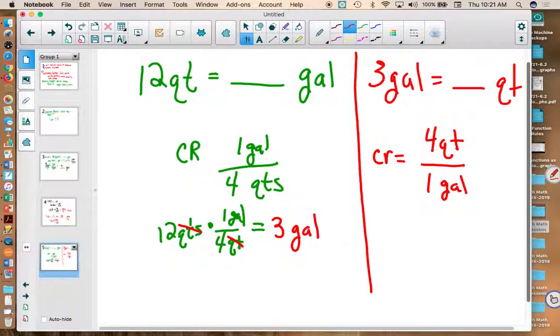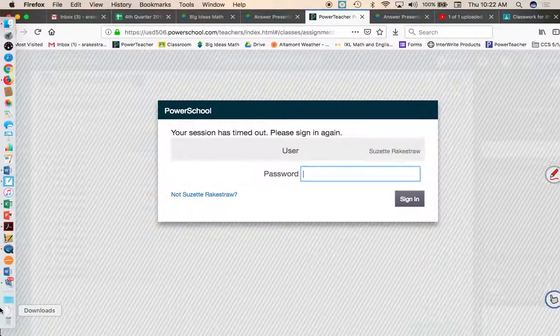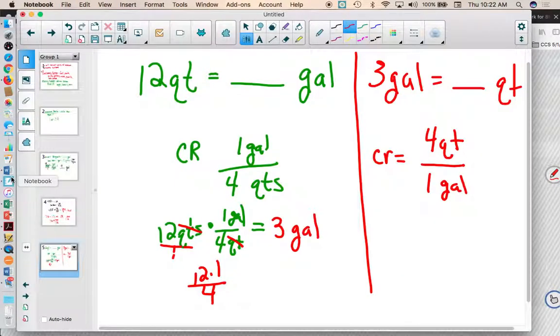You should have a lot more on your paper. Look here. Without the bow tie, do you agree this is 12 times 1 over 4? Okay? Do you agree this is 12 times 1?